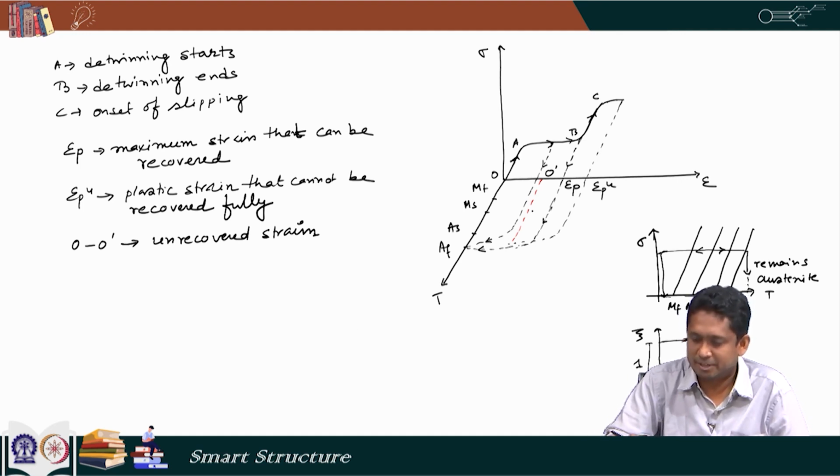So, we can take different paths from a certain position in this diagram, and accordingly the material behavior will change. We could directly unload and then heat it up, or we can heat it up and again cool it down and unload, and accordingly, as per these two diagrams, the material behavior will change.